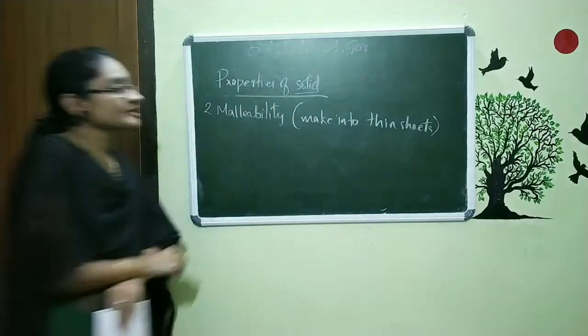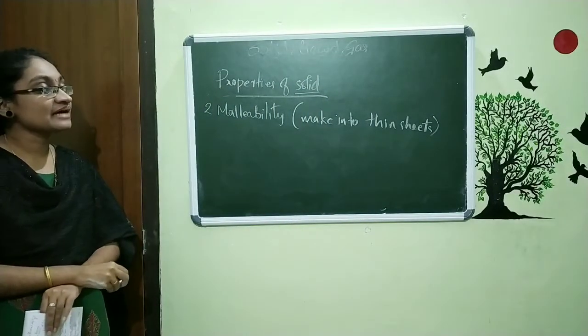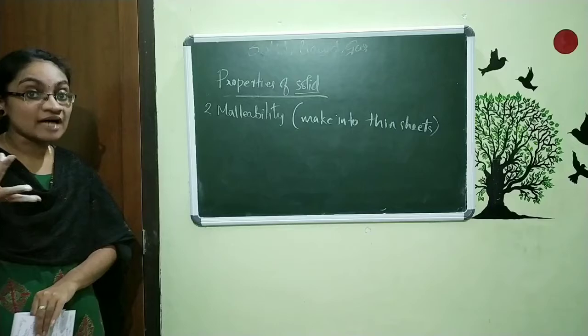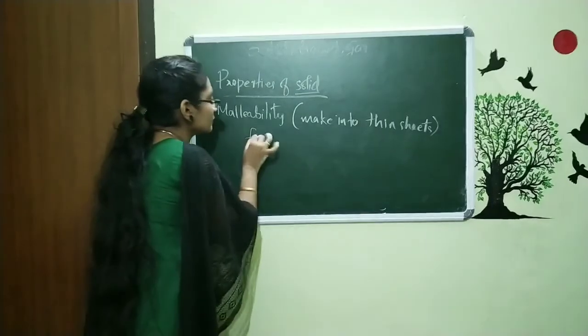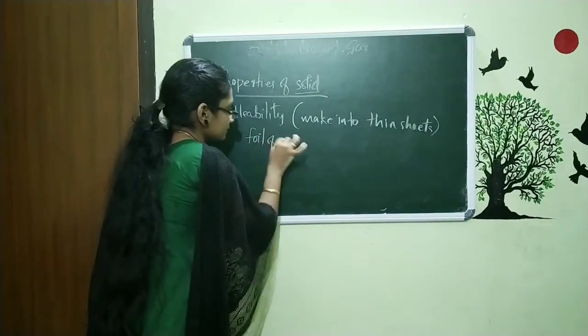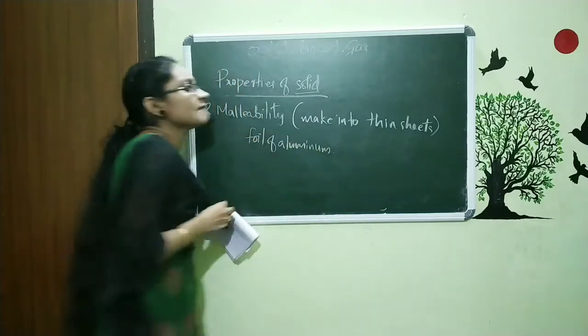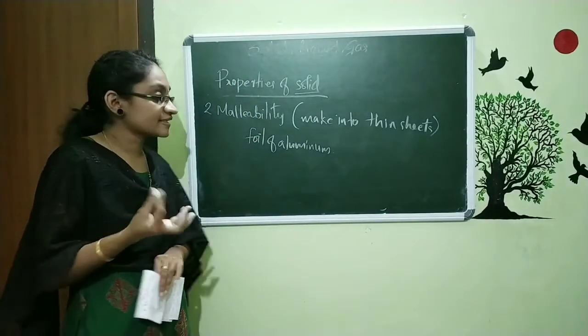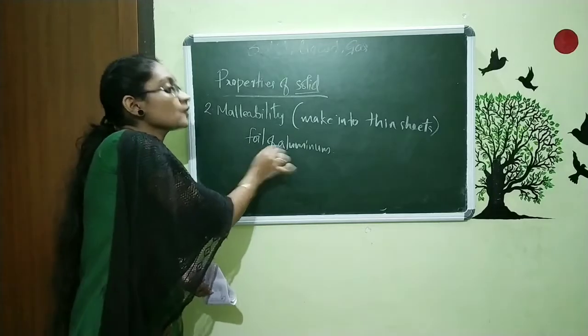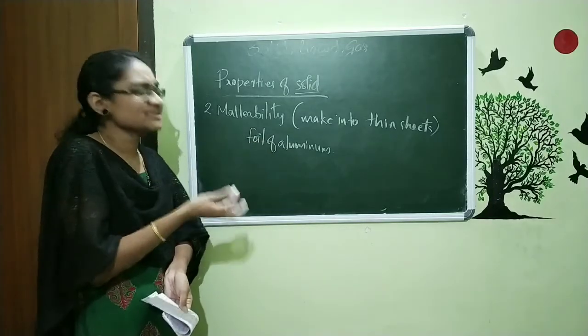On some of the chocolate packets, you can see that it has foil of aluminium. Chocolate packets or some sort of food packets are wrapped in foil of aluminium, or very thin sheets of aluminium.